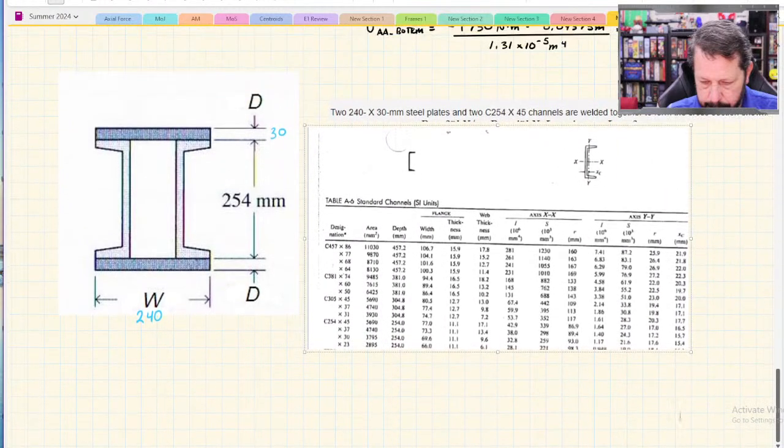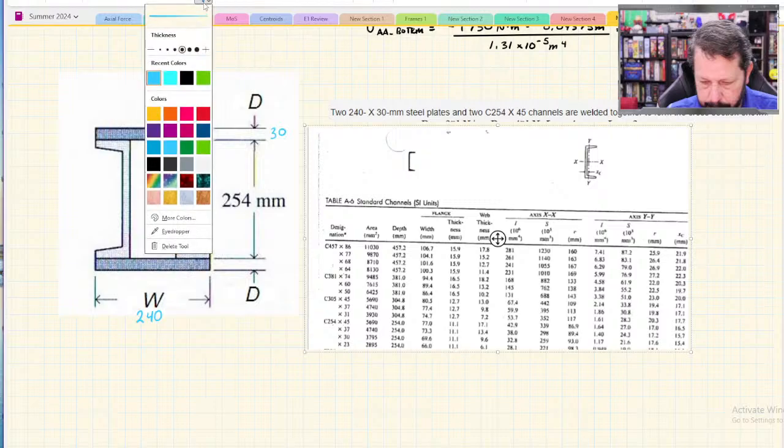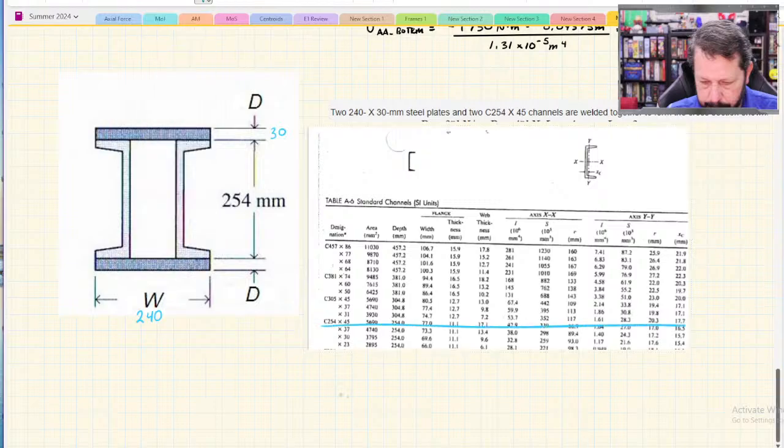We wanted 254 by 45. 254 by 45 is right there. I don't want it to be a straight line, I guess.